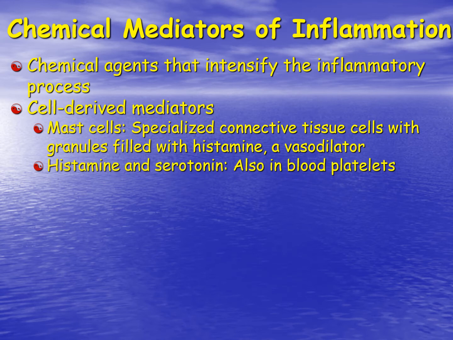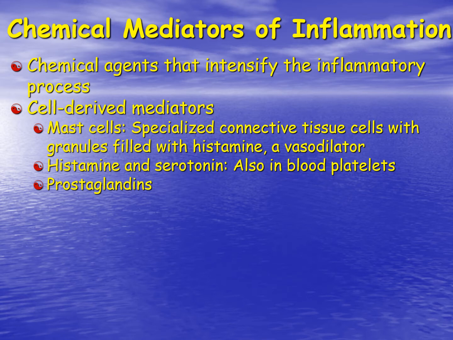Histamine and serotonin are also released from activated platelets, and so histamine from the platelets will simply assist the histamine from the mast cells. Serotonin is also a vasodilator, even though not quite as potent as histamine. When the mast cells degranulate, they also gear up a system that makes a couple of important groups of chemical inflammatory mediators.